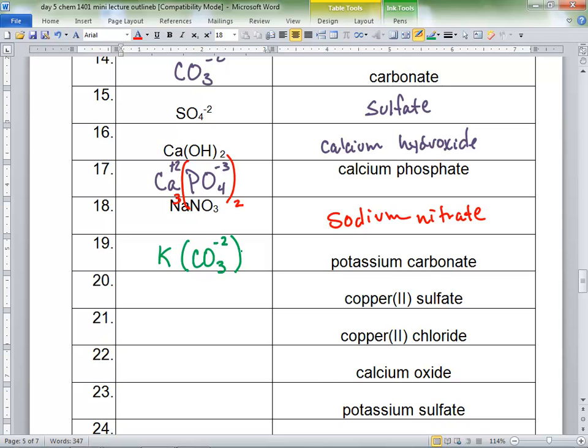Final answer? The K has what charge? Positive, right? A +1, right? So the 1 will go here, but that 2 has to go down there. So you should have K2CO3. Right? So I like putting those charges in because they tell you what to make stuff.